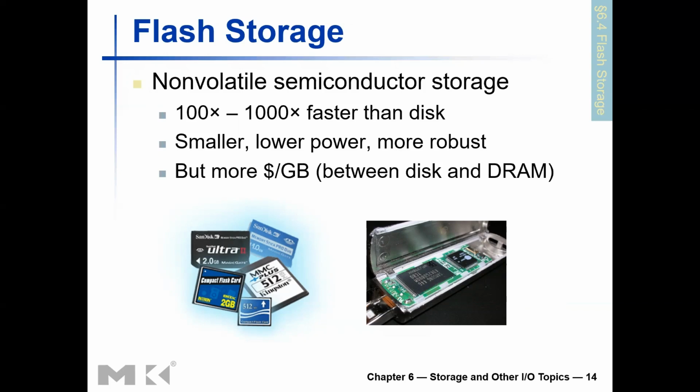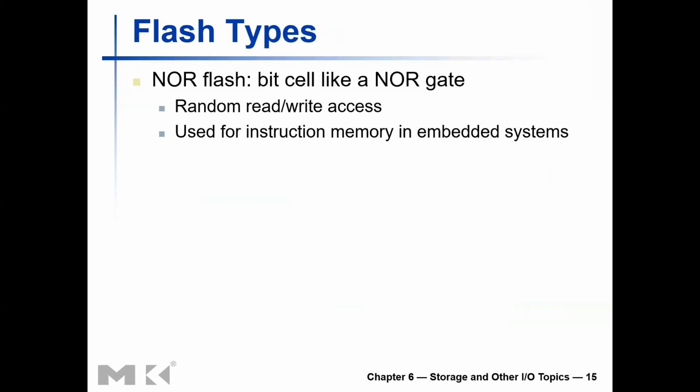Smaller, lower power consumption, more robust. You know, like the flash storage, we can take around, so it's more robust. But it's expensive, right? Because of the technology used for the storage. So the types of flashes are briefly given.